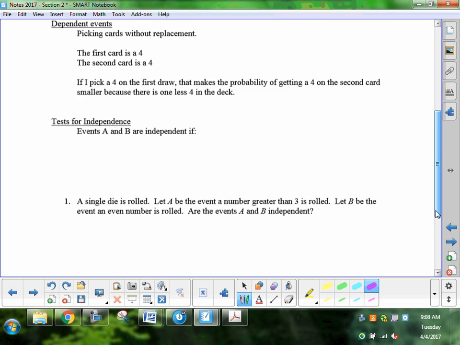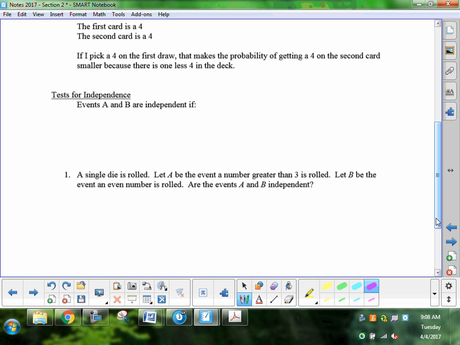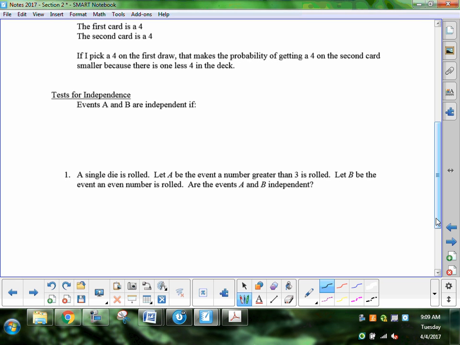There's a way that we can go through and test for independence. There's two ways of doing it, and which one you use is situational. First, compute the probability of B given A. If that is equal to the probability of B, the events are independent.